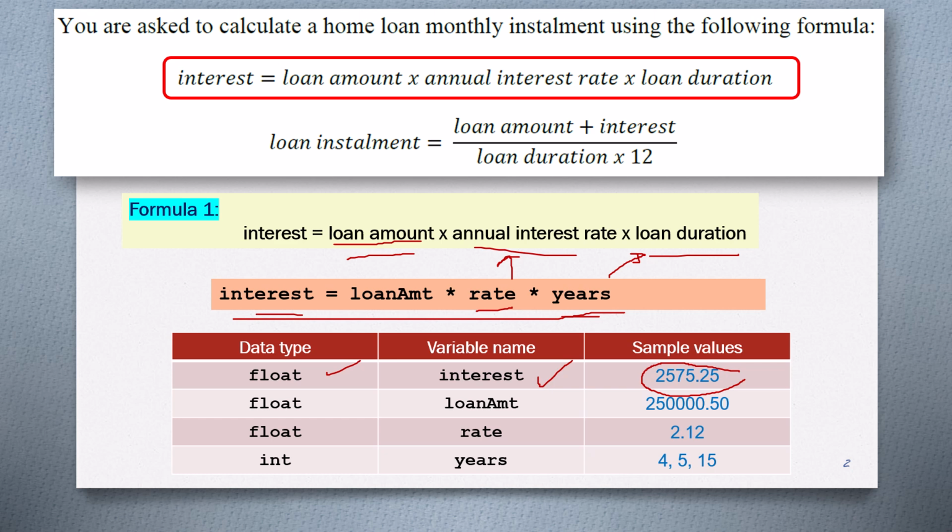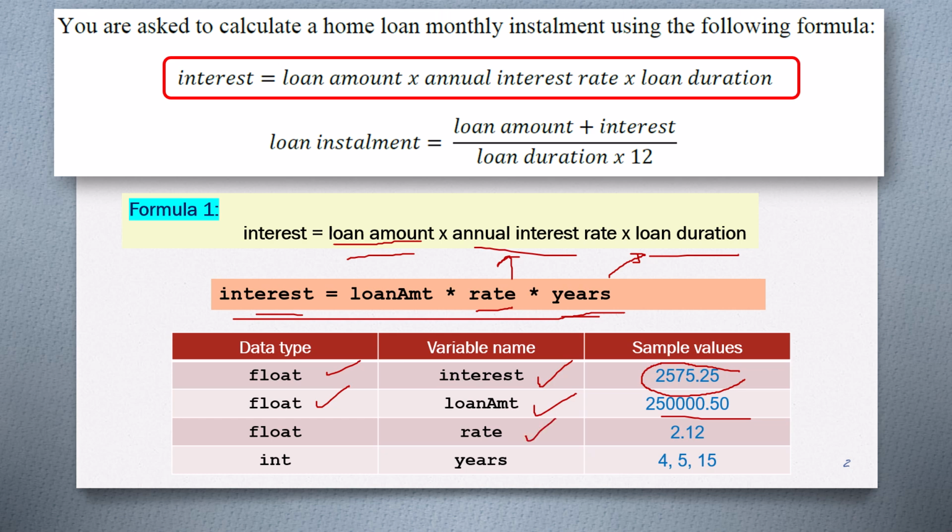Next one, the loan amount. Say that we have a loan amount of about 250,000.50. Looking at this value, I use float as the data type.